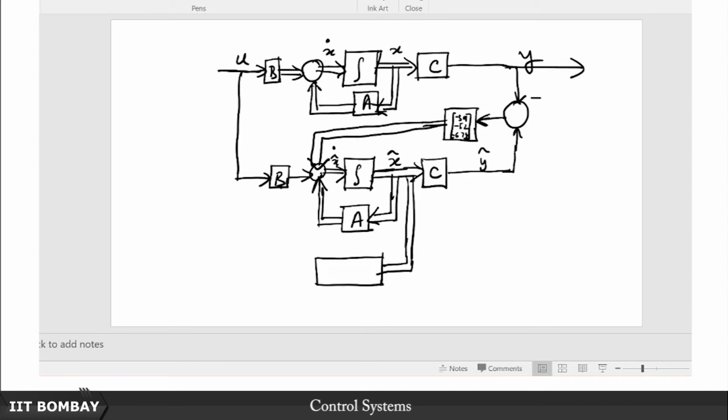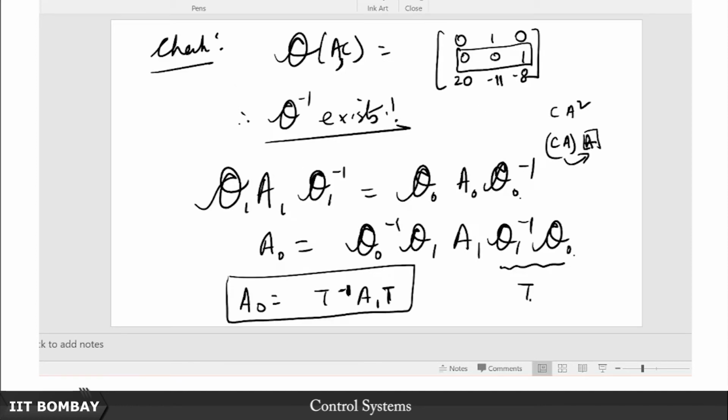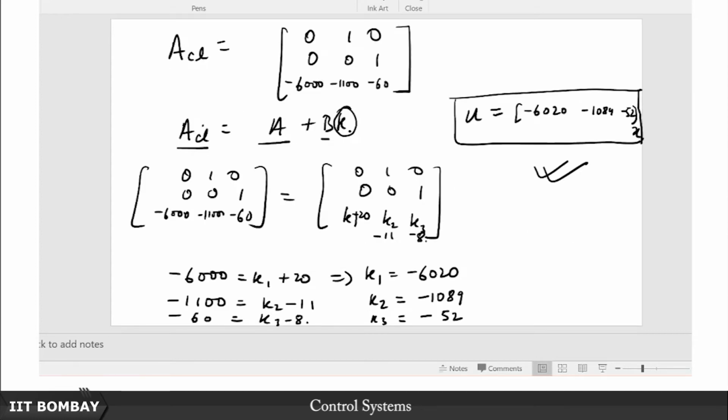Let me take a look at the K parameters. Yeah, minus 6020, minus 1081, minus 52.